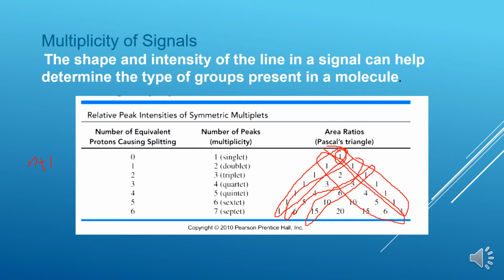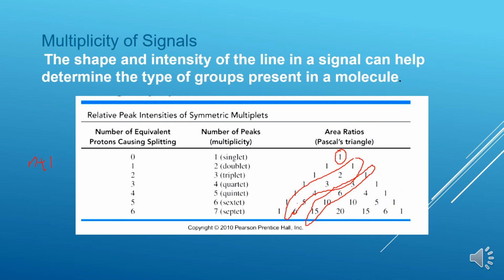The remaining numbers, 6, 10, 10, 15, 20, 15, are calculated based on the third rule. Strictly we will follow the third rule. Each number is the sum of the numbers directly above it added together.